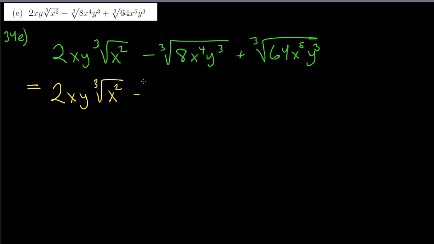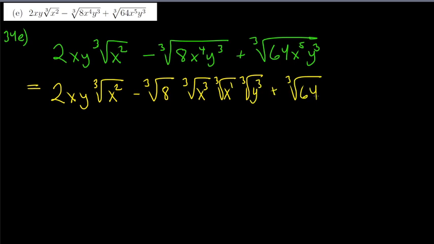For the second term, we can split this up, right? This is the cube root of 8 times the cube root of x to the 4th, which is the cube root of x to the 3, times the cube root of x to the 1, times the cube root of y to the 3. And we could do that with the last term too, the cube root of 64 times the cube root of, let's see, x to the 5.